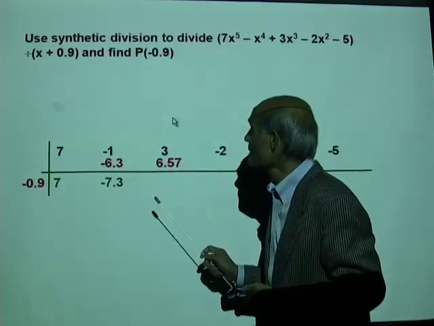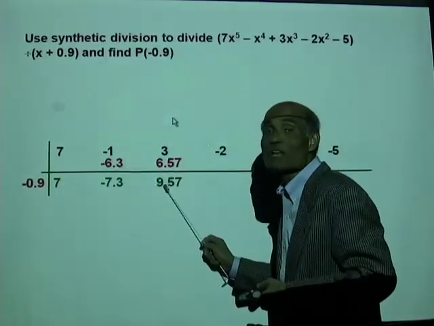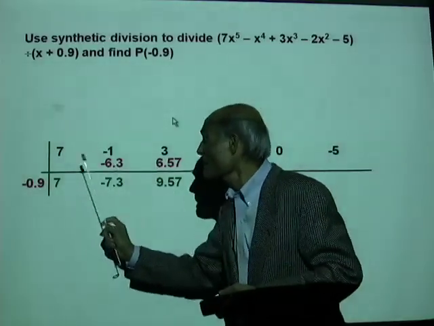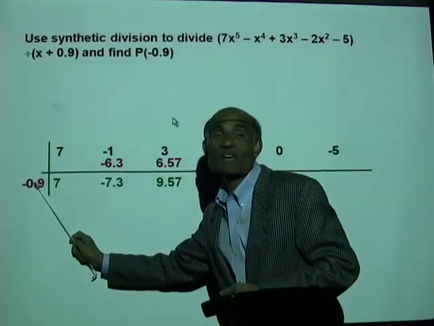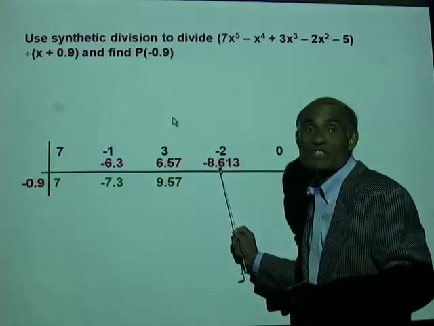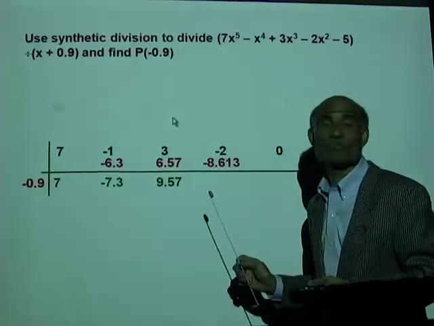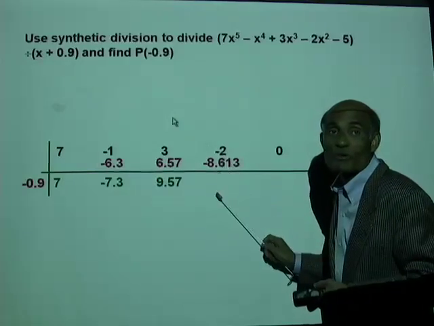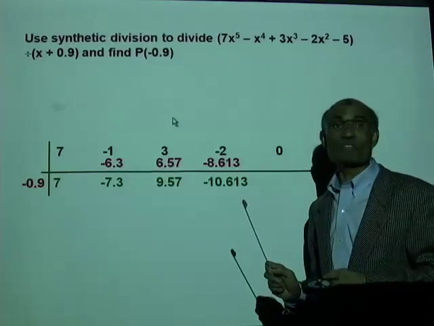Added to 3, you get 9.57. Alright? 9.57 multiplied by negative 0.9 is negative 8.613. Added to negative 2 will give me negative 10.613.